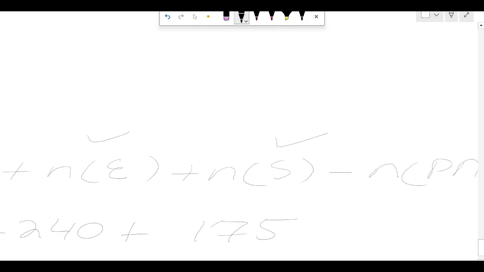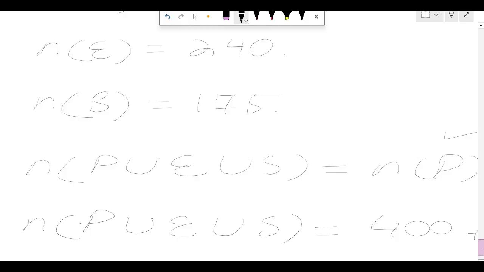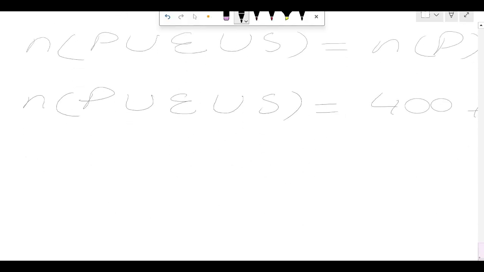So when I add up all of these, the resultant is 815. So the number of P union E union S is equal to 815.